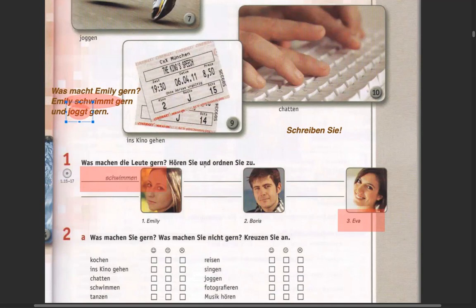Boris, Saurabh, Ashish, what does Boris like? Boris chattet gern. Boris chats again. Good. Chattet. Und?